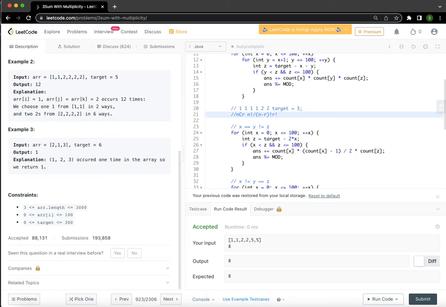Now how does that happen? For example, in this case it will be 4 factorial divided by 2 factorial multiplied by 2 factorial. And what does that become? That becomes 4 into 3, and 2 factorial will go away with 2, and then we have a 2 as well, and that is what we are doing here. So count of x is 4, and then we are doing count of x minus 1 divided by 2.